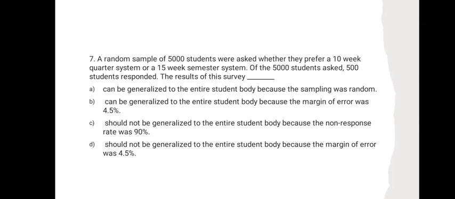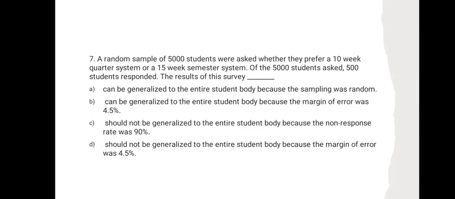Now, a random sample of 5,000 students were asked whether they prefer a 10-week quarter system or a 15-week semester system. Of these 5,000 students asked, only 500 students responded. The results of this survey can be generalized to the entire student body because the sample was random; can be generalized because the margin of error was 4.5%; should not be generalized because the non-response rate was 90%; or should not be generalized because the margin of error was 4.5%.